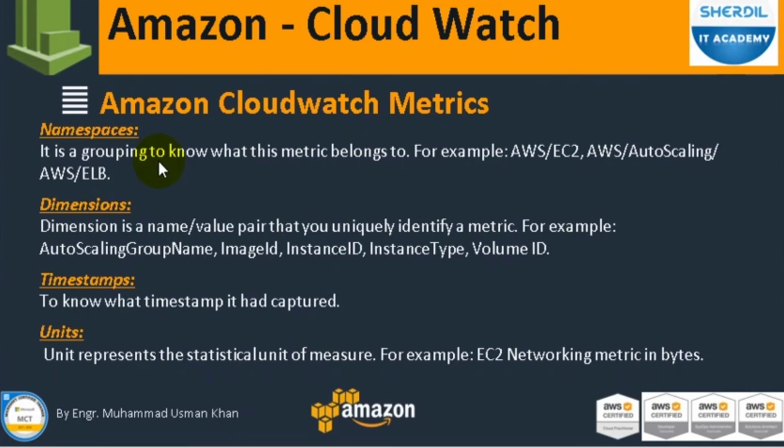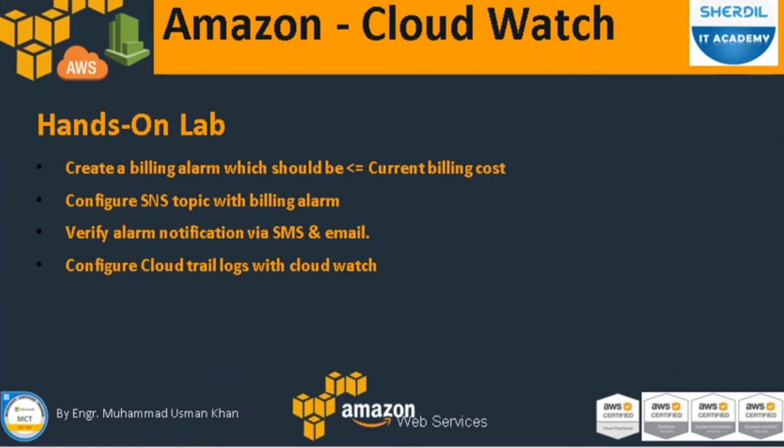And the unit represents the scale, the statistical unit of measure. In the graph we can see the specific unit in the data sets, like networking metrics, CPU utilization, percentage, etc. In the next video I will show you the real demo of the difference between namespace, metric, dimension, timestamp, units, and data sets.